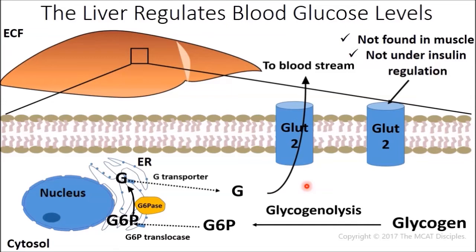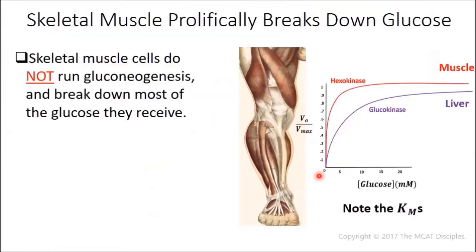So if glucose levels in blood are low, then glucose is going to flow out down this concentration gradient into blood, and it's not going to be bound by glucokinase. If glucose levels are high, then glucose will be bound by glucokinase to a higher extent, and less will go out into blood because now you have a concentration gradient in, and then it can go into glucokinase. Whereas, as you'll see in muscle cell, muscles prolifically break down glucose.